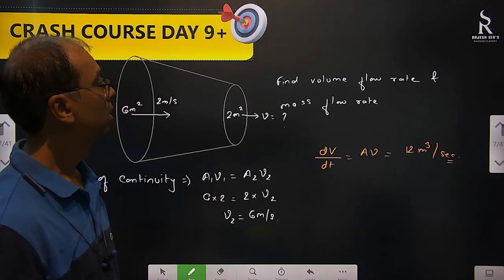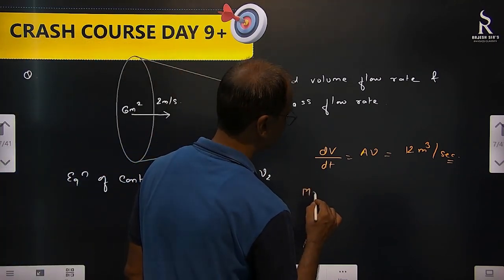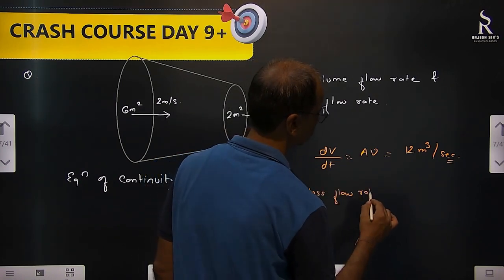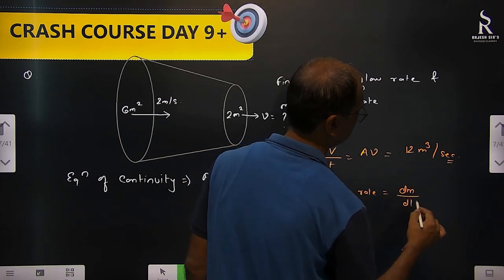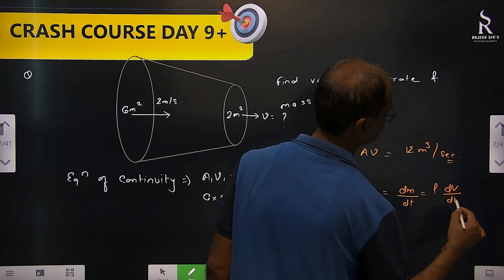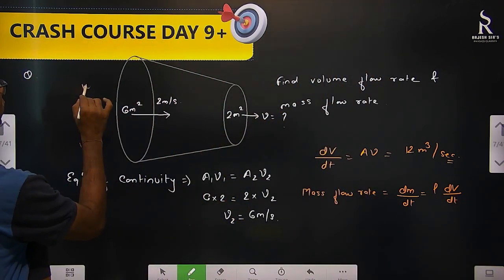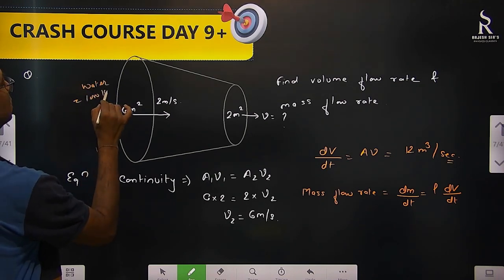Then mass flow rate. When you say mass flow rate, it means dm by dt. What is that? That is rho into dV by dt. If this is water flowing here, water's density is 1000 kg per meter cube.